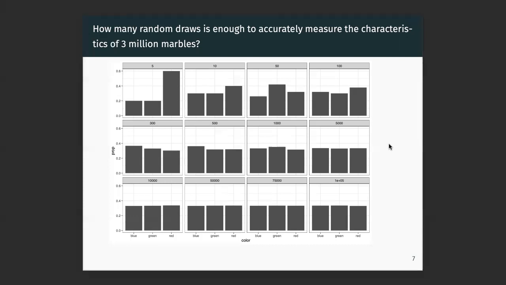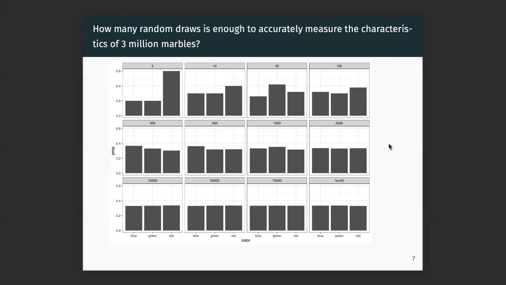When we're at 100, we can see that we've kind of shrunk a little bit. 300, all are below 0.4, all are above or at 0.3, right? At 500, we're looking pretty similar to 300. By 1,000, we're very close. All of these are very close to 0.3, or 0.33.